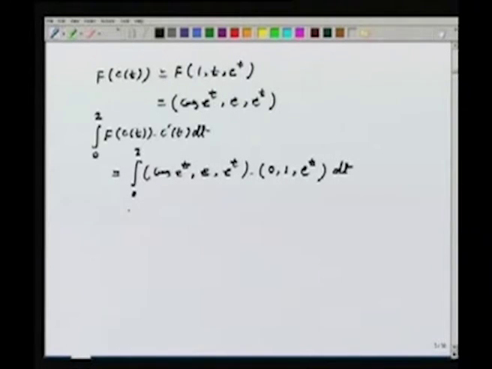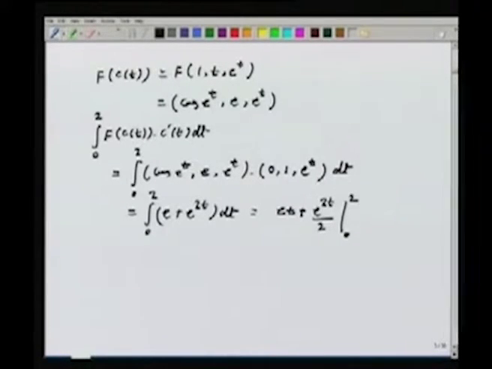I can calculate this vector product very easily. It is integral 0 to 2 of e plus e to the power 2t dt. If I do this integration, what I get is et plus e to the power 2t divided by 2, and then I look at the limit 0 to 2, which you can very easily calculate. Just put the values of t, and we get the line integral of the given vector field over the given curve.